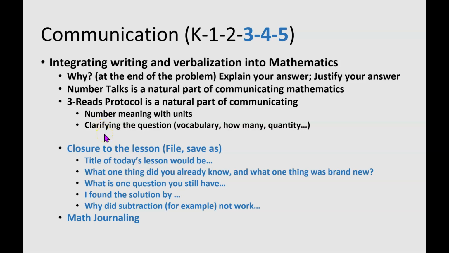And then the last thing we do in 3 Reads protocol is interpret what the problem is asking us to do. We also clarify vocabulary like how many or quantity or quantifying or how much. And so these are all natural parts of what we already do in class, but now we are very purposeful about making those decisions.